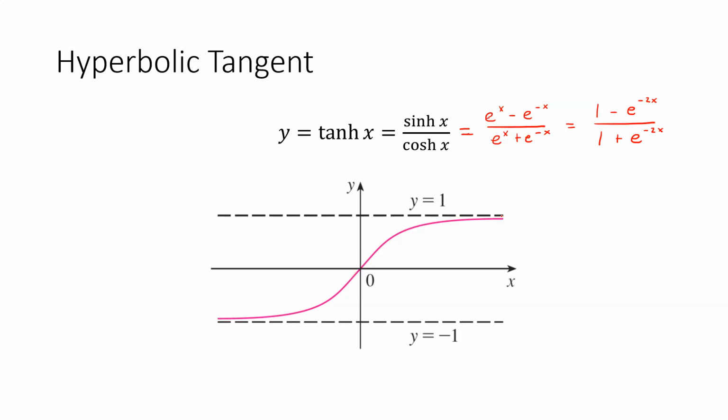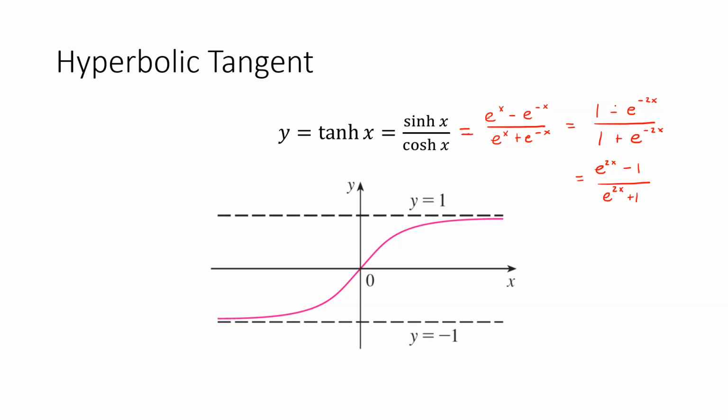So as it goes to the right, it approaches 1. Or similarly, if I divide out e to the negative x instead, then we would have e to the 2x minus 1 over e to the 2x plus 1. So we see now as x goes to negative infinity, e to the 2x will go to 0. So this goes to negative 1 over 1. So it goes to negative 1 as it goes to the left.